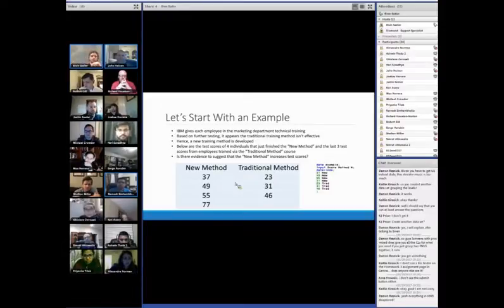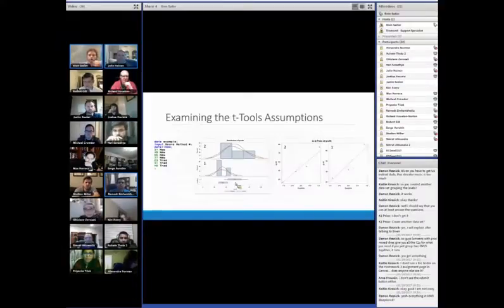We have this new method and a traditional method. There's only 7 observations, 4 in one, 3 in the other. We go to look at the assumptions. We'd love to run a t-test on these, and many people will, and they'll just run it blindly. But with this data, we don't have a lot of information at all.